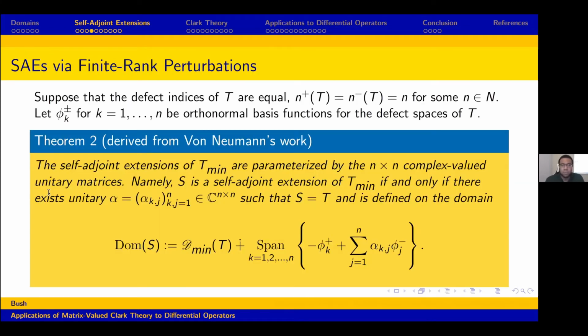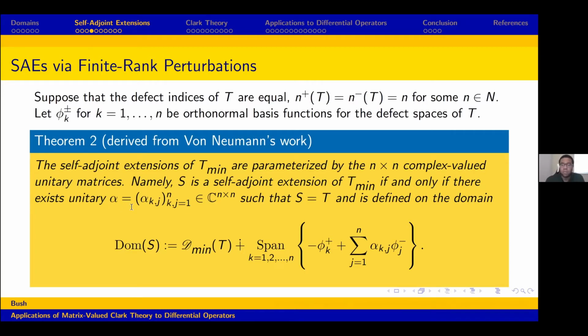Okay, so first up, self-adjoint extensions via finite rank perturbations. For the purposes of this, we're going to assume that the defect indices of T are equal. That is, the positive and negative defect spaces are of the same dimension. Note that a priori that need not be true, but for the problems we're going to be considering, it will. We're going to let phi k be basis functions for our defect spaces. Then you have the following result: if S is a self-adjoint extension of T min, its domain will have this form for some alpha that's an n by n unitary.